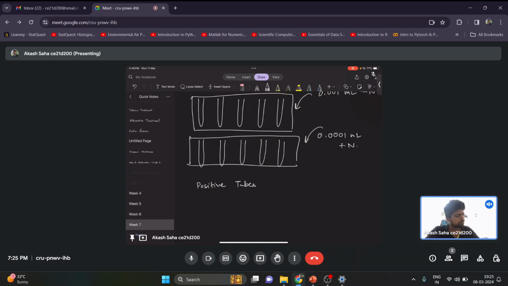By positive tubes, we mean that there is gas formation, which corresponds to there being some bacteria or some microbes, and in negative tubes, there is no gas.